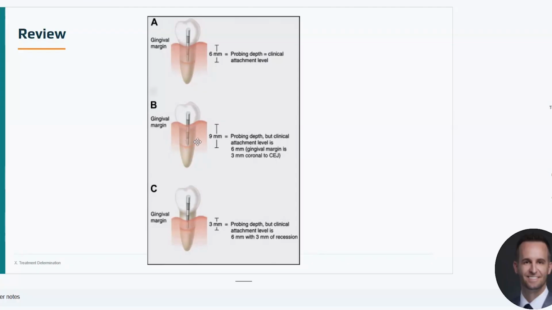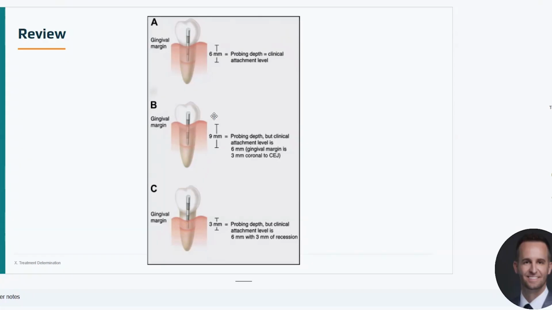So our attachment level is still at -6. And then finally, in this scenario, we have a 3 millimeter probing depth, but we also have 3 millimeters of recession. So if we take that as a negative value, -3, and we add a negative value for the recession, -3, that also equals -6.